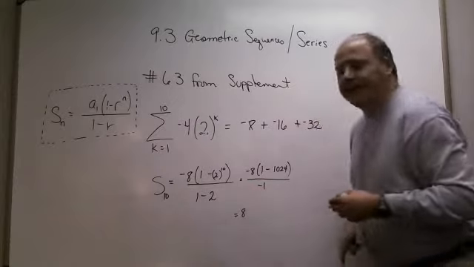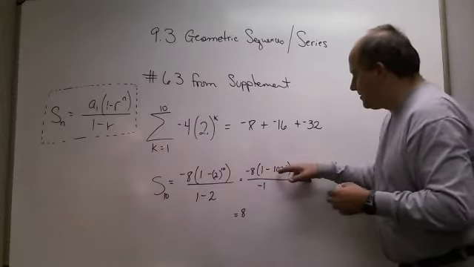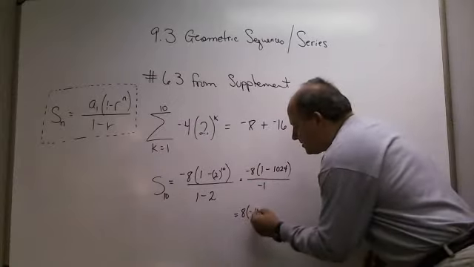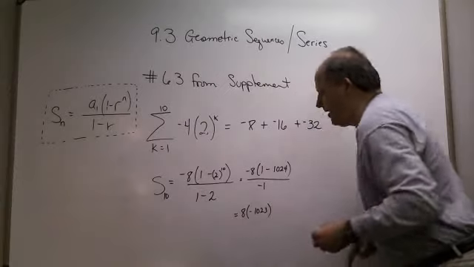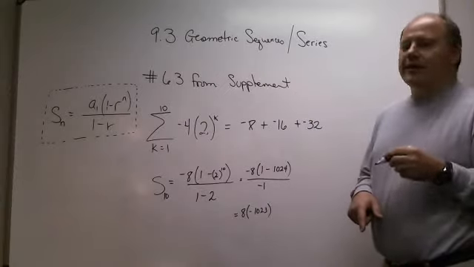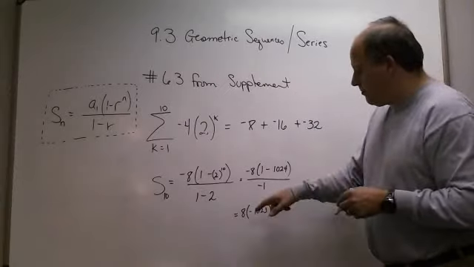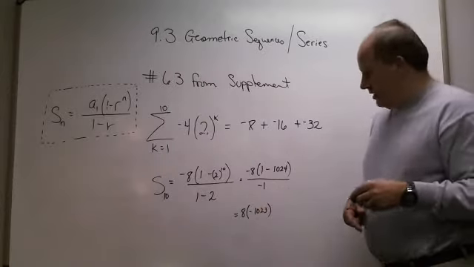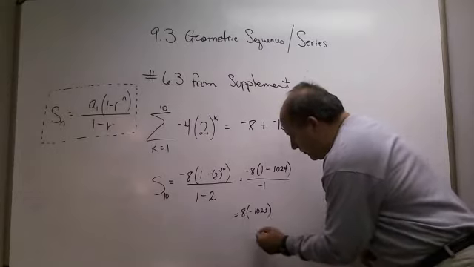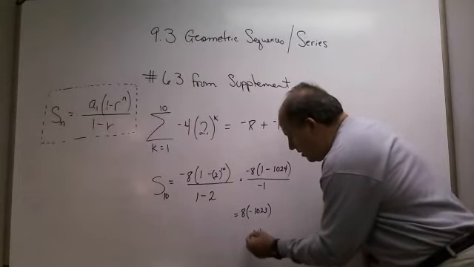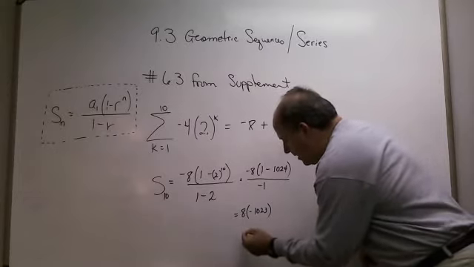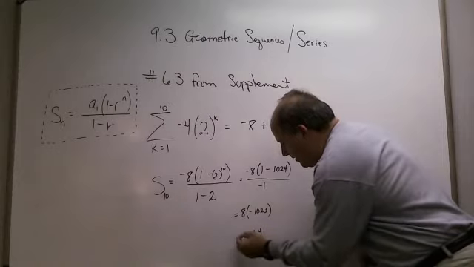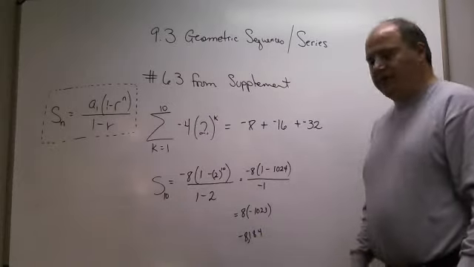So that takes care of the negatives. Then 1 minus 1,024 is negative 1,023. And then you have to multiply 8 times negative 1,023. 8 times 3 is 24, carry the 2, 16, 18, carry the 1, 1. I believe that's negative 8,184.